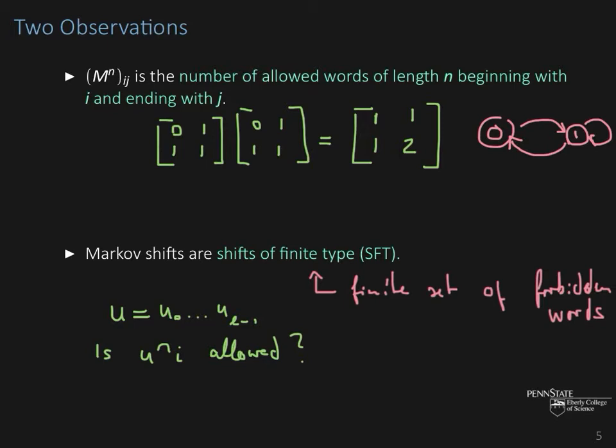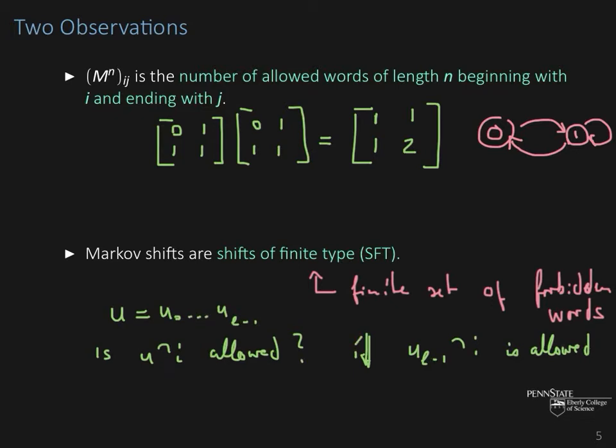And then you can see this is allowed if and only if u_{L-1} extended by i is allowed, right? Because that's the nature of the definition of the Markov shift.